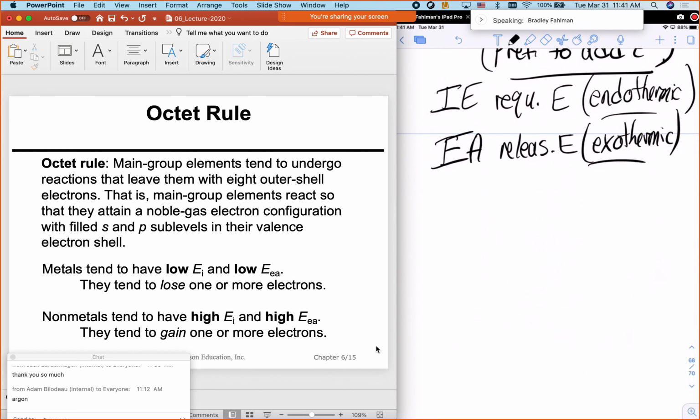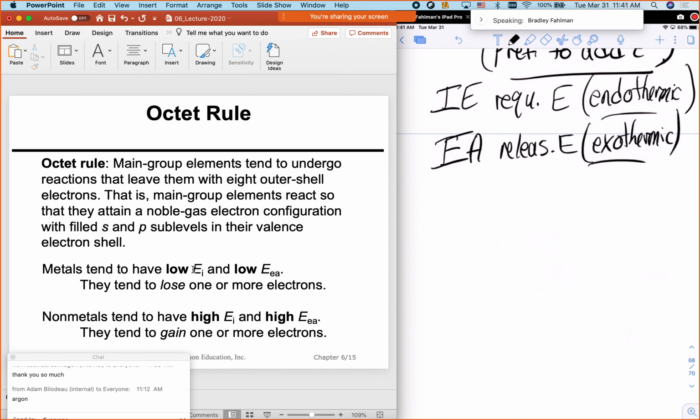And so some general trends: metals tend to have a low ionization energy and a low electron affinity. A low ionization energy means it doesn't take very much energy to kick off an electron. Think lithium, for instance.